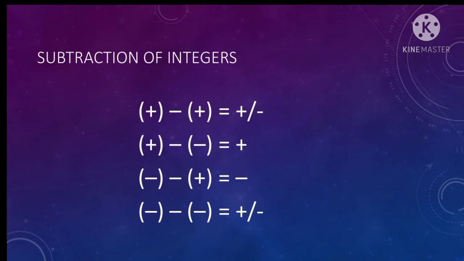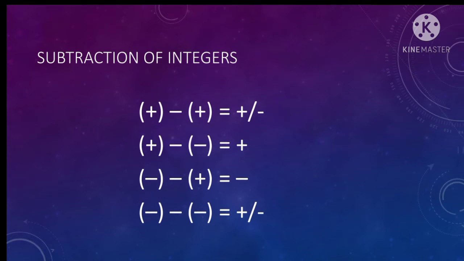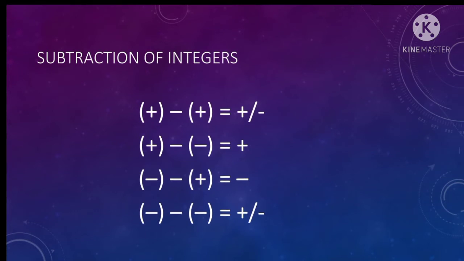Next, or last, negative minus negative is equal to either positive or negative. Since the minus sign multiplied by the sign of the last number is equal to positive, it is somehow similar to addition. For example, negative 9 minus negative 4 will be equal to negative 9 plus 4, which is equal to negative 5.